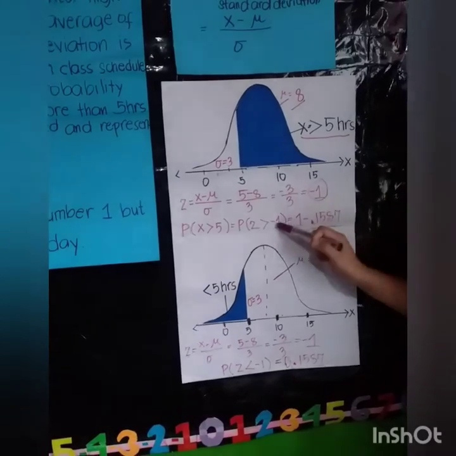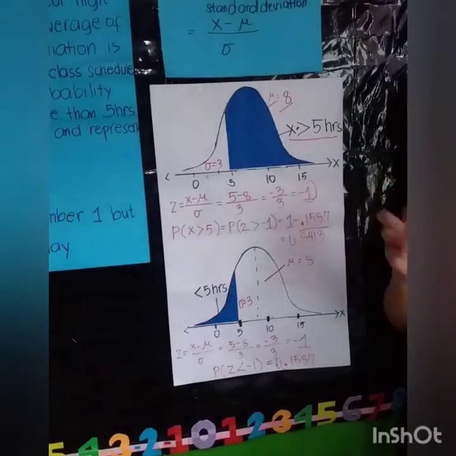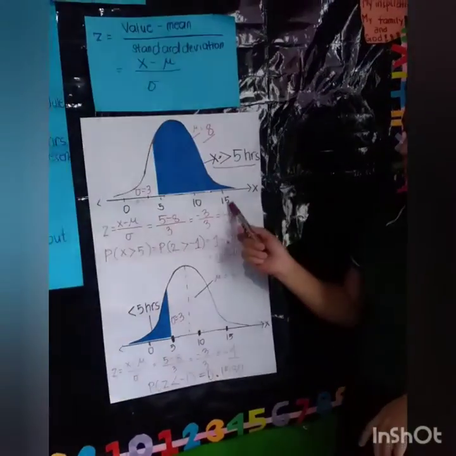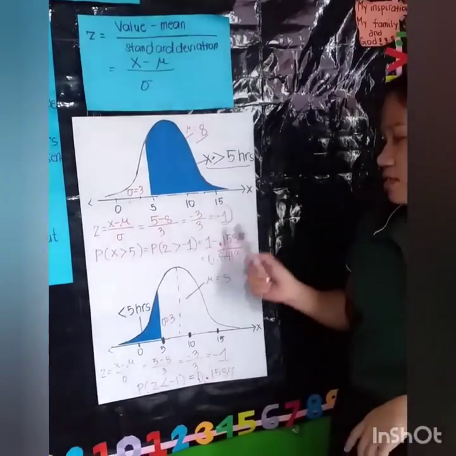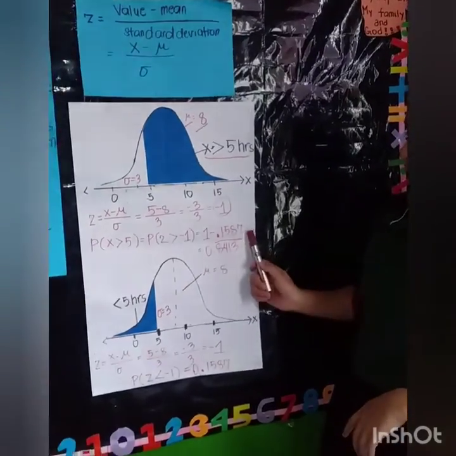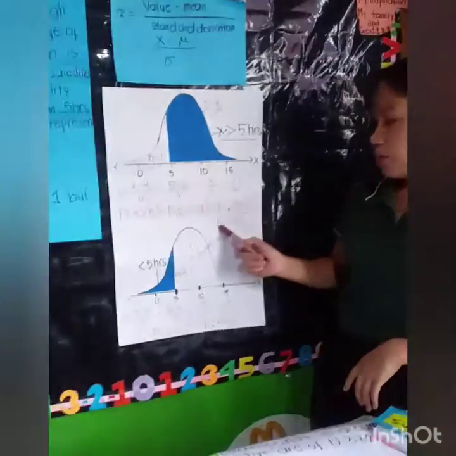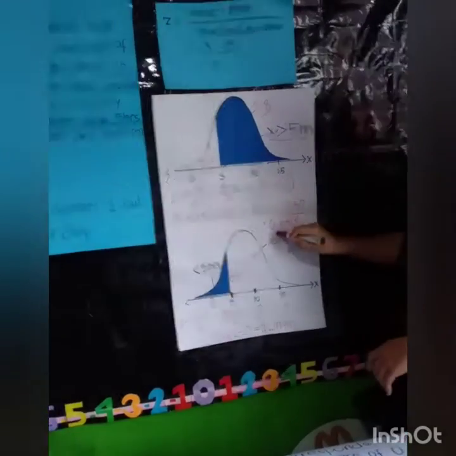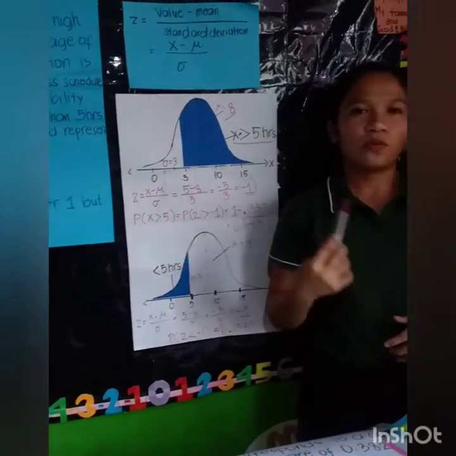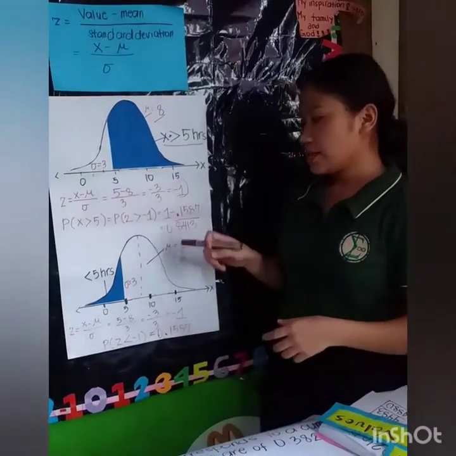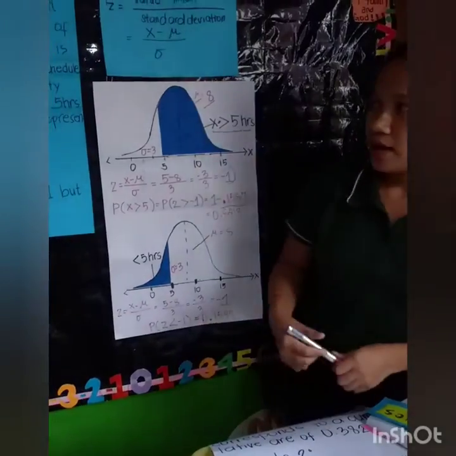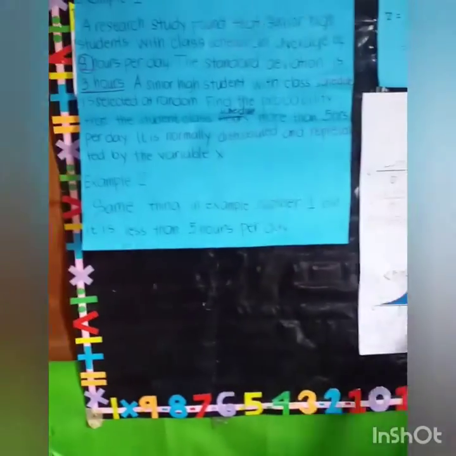So it is 1 minus the equivalent of our z-score of -1, which is 0.1587, equal to 0.8413. Converting into percentage, it is 84.13%. That is the probability that the student has a class schedule of more than 5 hours.